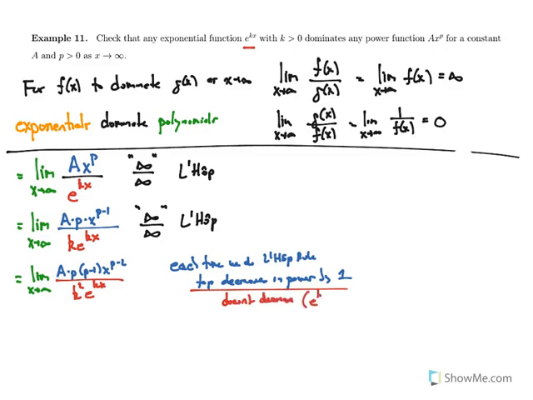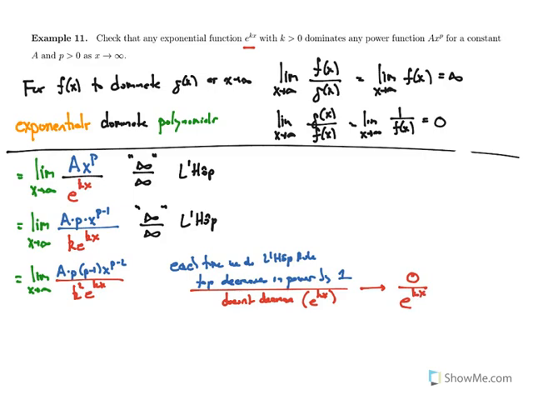We still have e to the kx each and every time. So if we do L'Hopital's rule enough times, we have to do it p times, the degree of the power function, and this is eventually going to go to 0 over e to the kx.